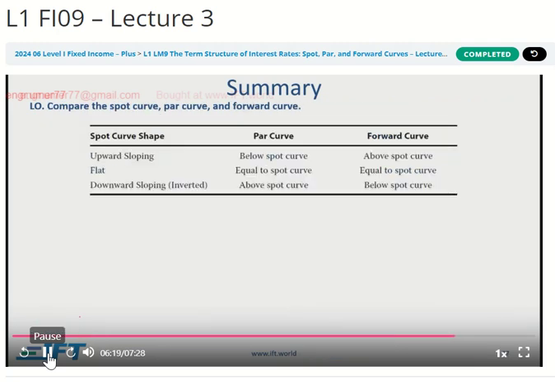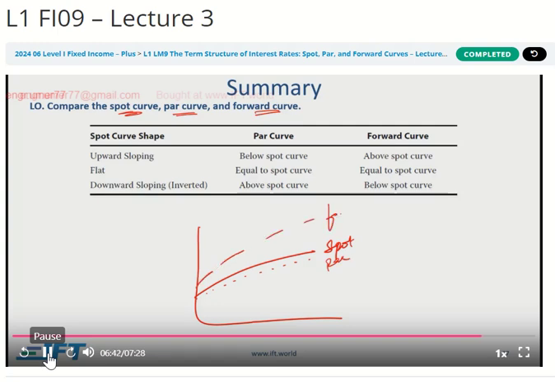And then, of course, you can use forward rates to calculate spot rates. All of these are related, and therefore the curves that you get with them are also related, with the upward sloping scenario being spot above the par but below the forward, right?